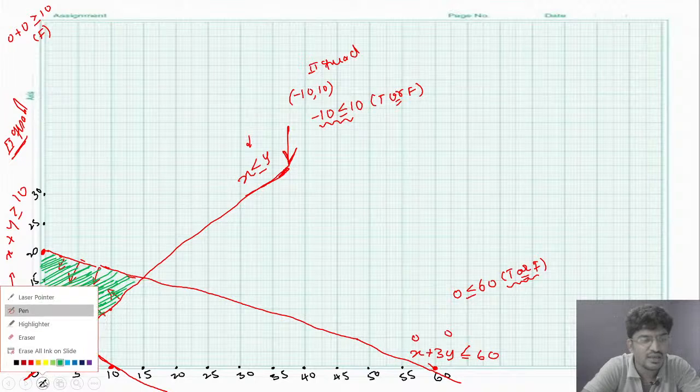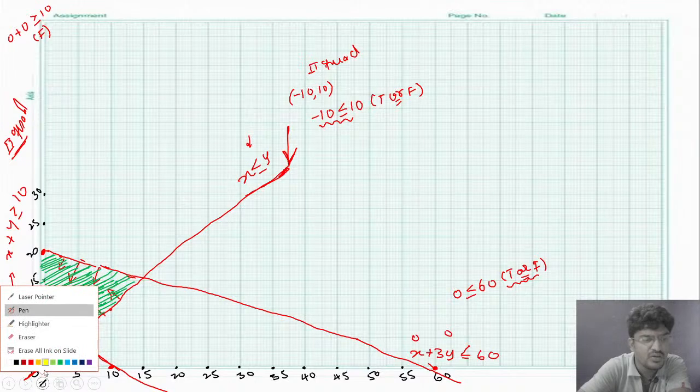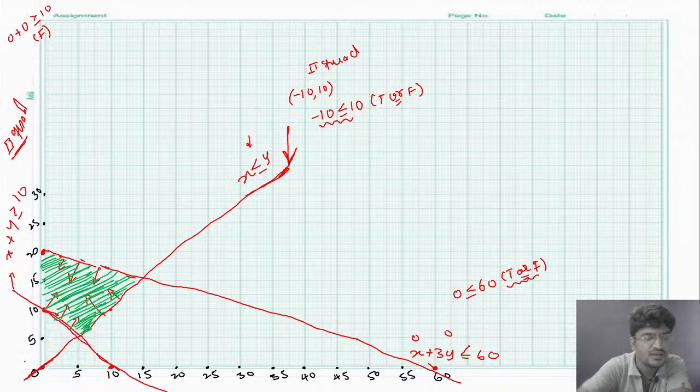For that, I will take point A, point B, point C and point D. I will take this as point A, this as point B, this as point C and this as point D. So I have four corner points which I have to find.